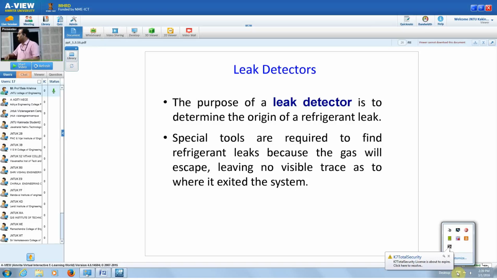Visibly we can't see where it is leaking. Suppose with LPG gas, if it is leaking, maybe you can find it by the smell. But in the case of refrigerant, there is no smell. Next slide.